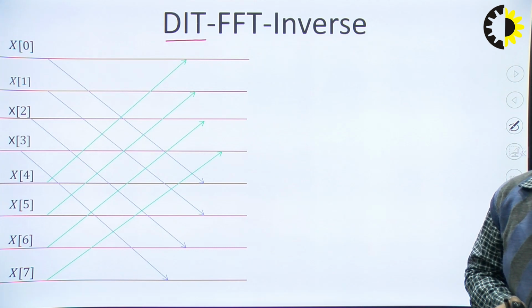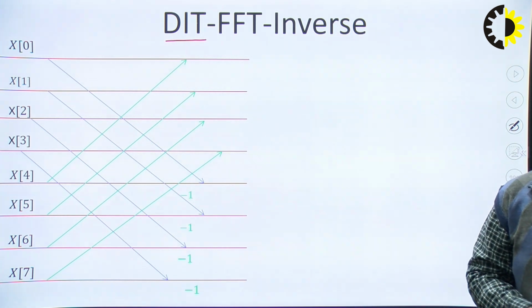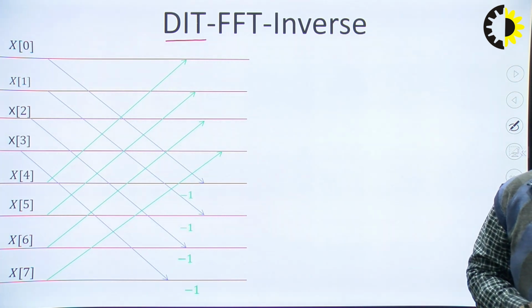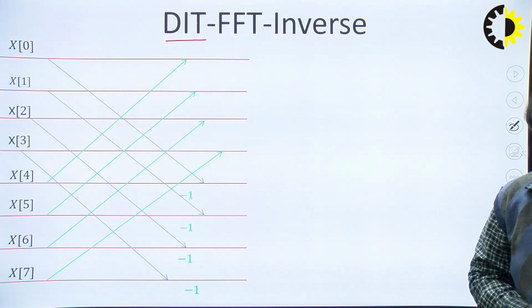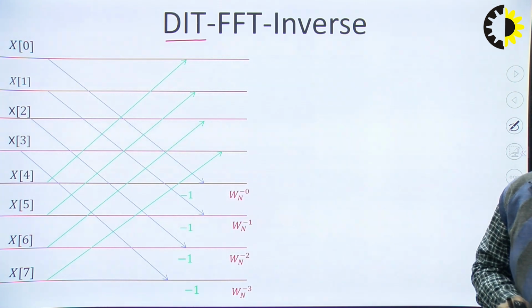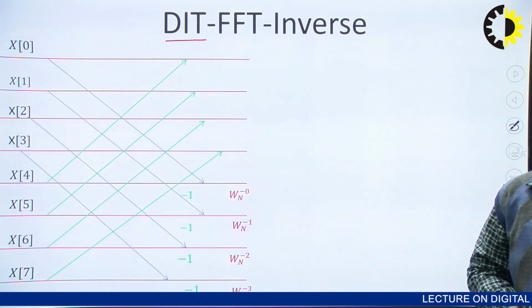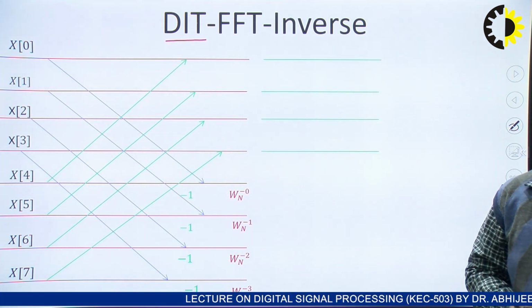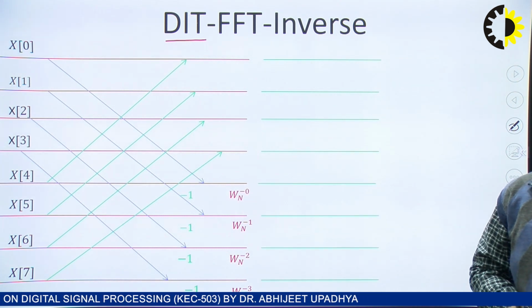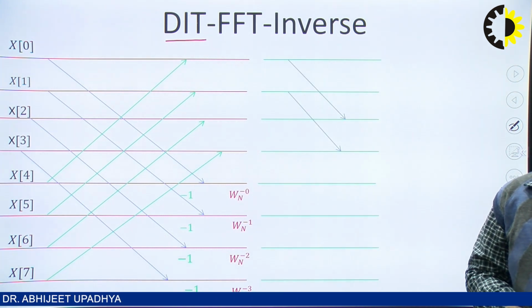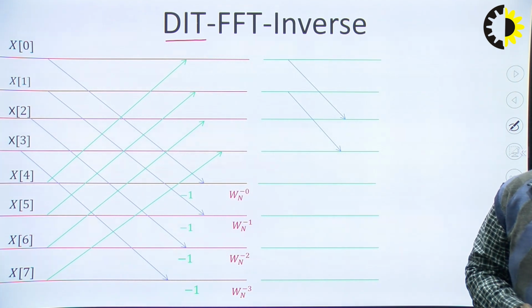The inverse also exists. The negative signs will be on the last 4 stages. Twiddle factors will be after and of negative signs. So negative sign means it will be W8 raised to the power 0, W8 raised to the power minus 1, minus 2 and minus 3. Similarly, we will have 4 and 4. So 4 and 4 means first will be connected to 3rd, second will be connected to 4th.